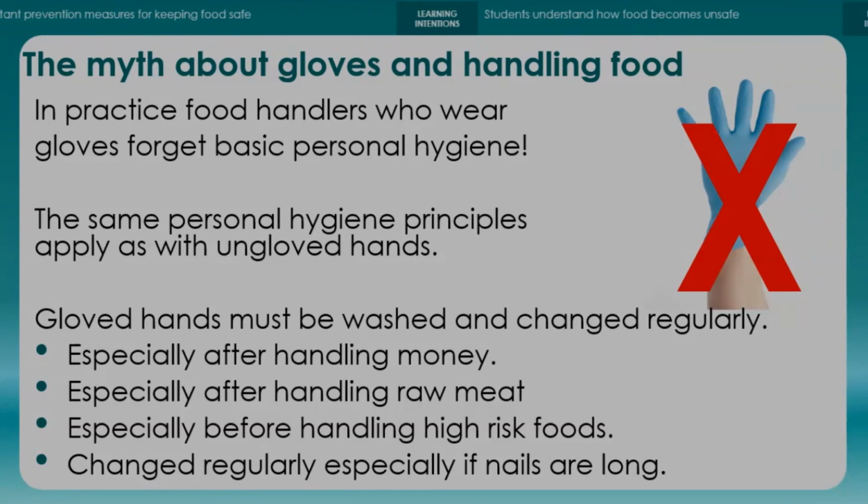So gloved hands must be washed and changed regularly, especially after handling money, especially after handling raw meat, especially before handling high-risk foods. High-risk foods are foods that support bacterial growth, generally proteins. Gloves should be changed regularly, especially if the nails are long, because the nails can poke holes into them and the bacteria from the hands can then get out of the glove and into the food.